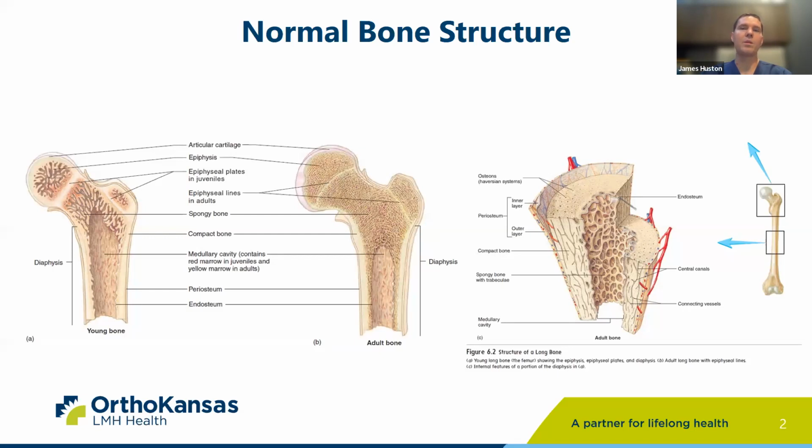There's blood production, and there's a system of blood vessels within the bone, as well as around the outside of the bone. That bone is much softer, and when you're younger, it has a much denser matrix of spongy bone.